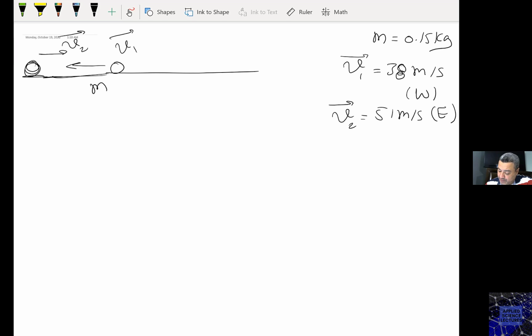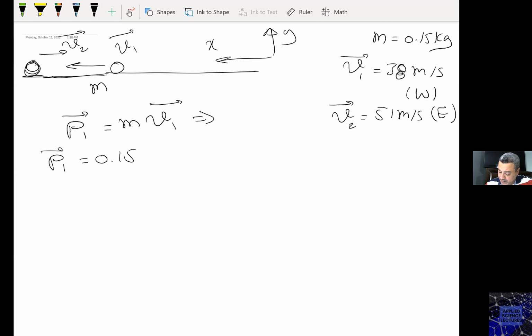Now, if we calculate P1 and v1, let's assume that the positive direction for x is in this direction, then P1 is 0.15 times the velocity 38.